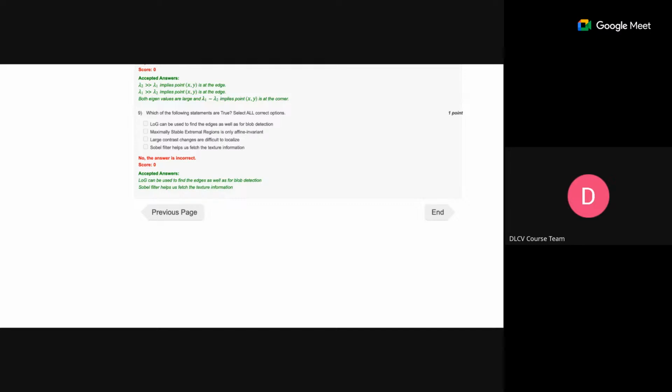Yes, correct, right? Contrast is already defined as a change in the pixel intensity. Now you are saying that change in the contrast can be localized.